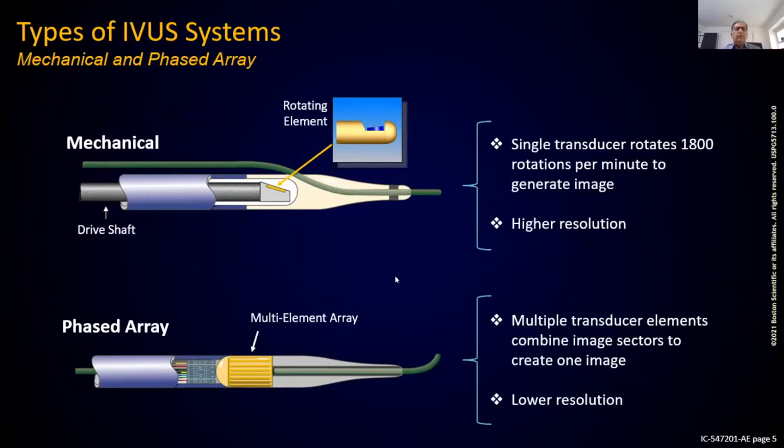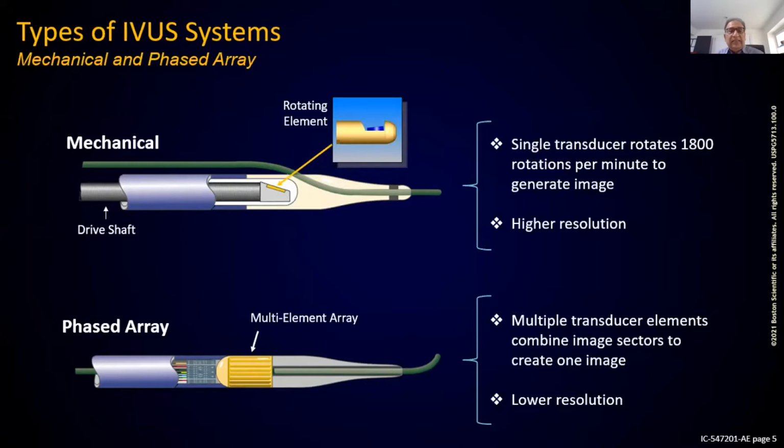So what types of intravascular systems are in clinical practice in cath labs at the moment? There are two basic types. One is the mechanical system, which has, as I mentioned earlier, a rotating element. There is a single transducer which rotates at 1800 rotations per minute to generate a good quality image with high resolution.